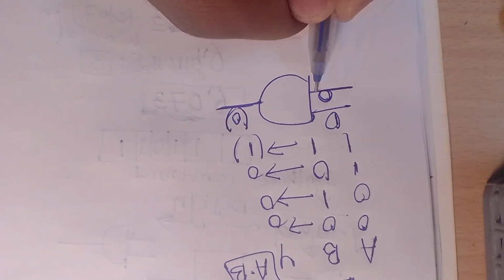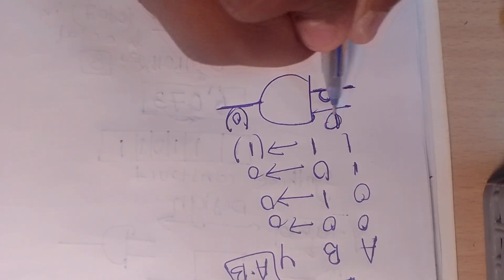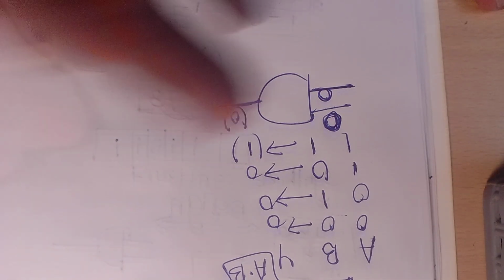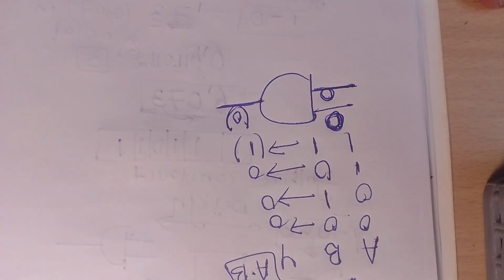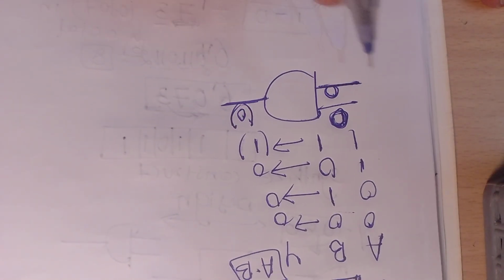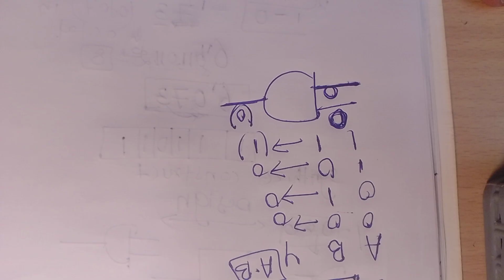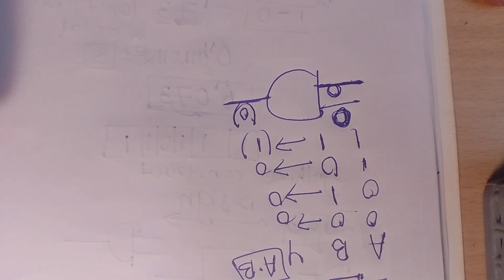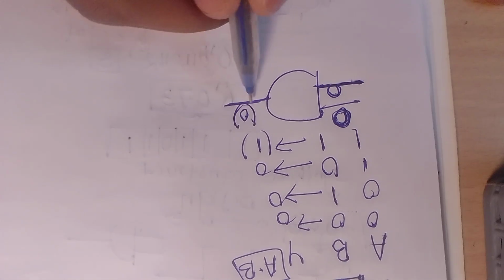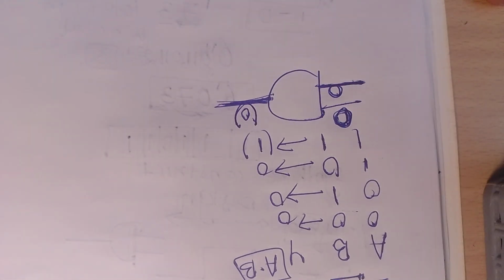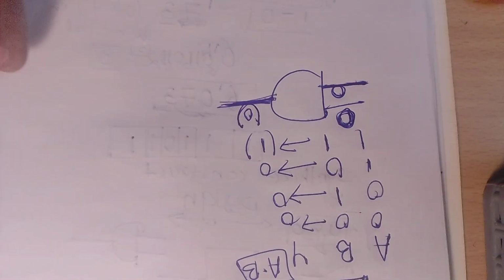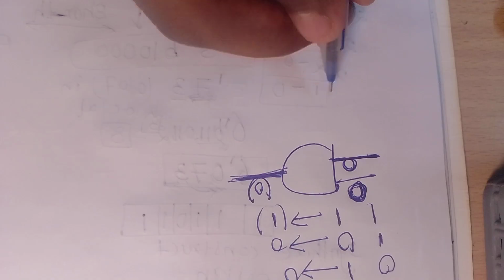If I apply 0 to one of the inputs, I don't need to consider the other input, because the output will always be 0. So if I want to disable this gate, I give one of the inputs as 0, and then I can disable that gate.